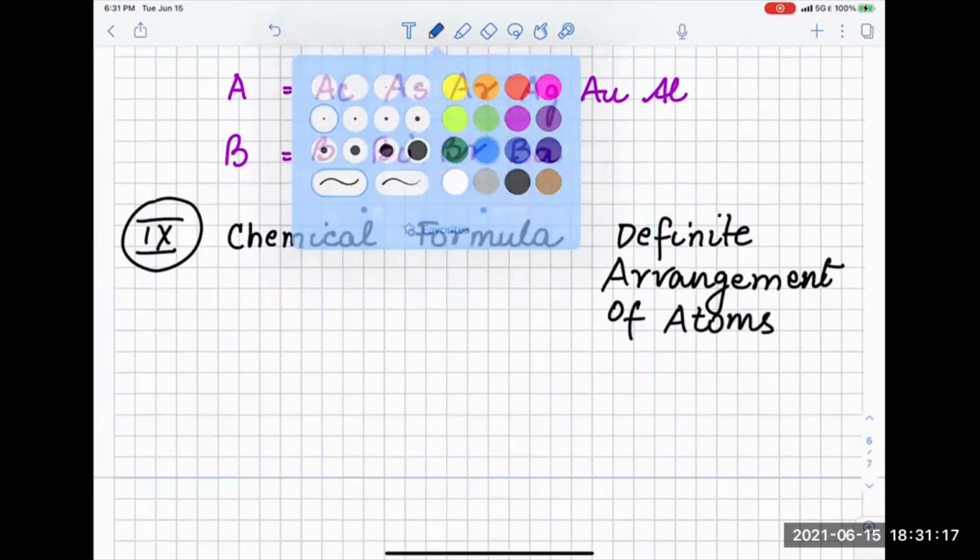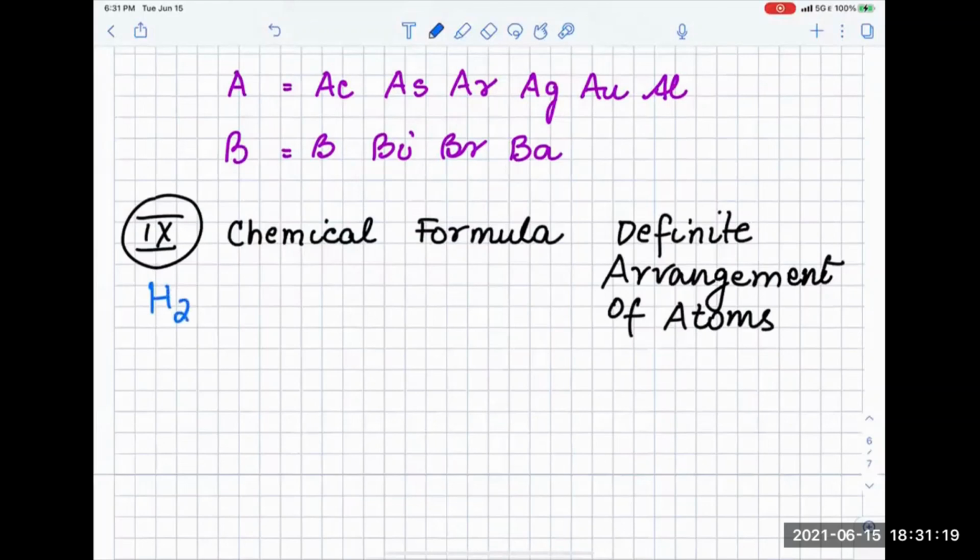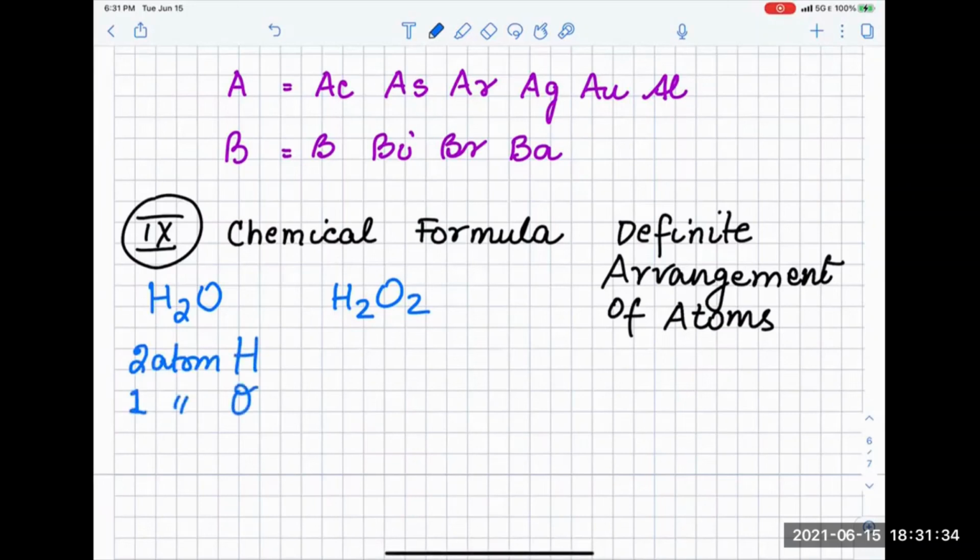For example, here, H2O and H2O2. These are different. H2O means 2 atoms of hydrogen mixed with 1 atom of oxygen to form water. And this is your life force. We can't live without water. We need it. Right?